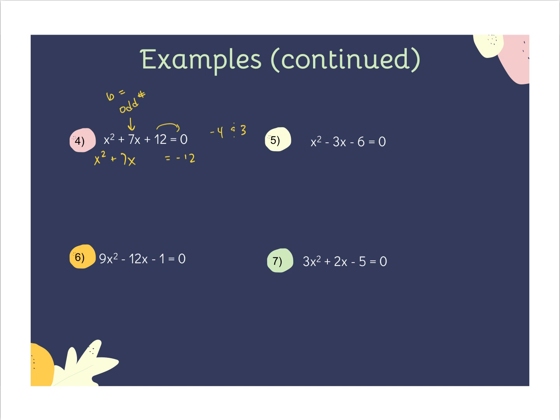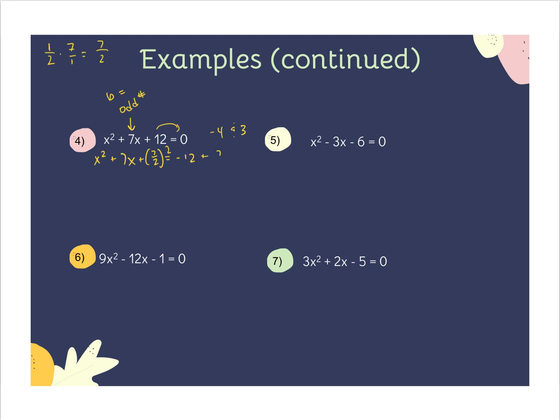When we do half of 7, I know that that's 3.5. However, we do everything as an improper fraction. So if I have half of 7, that's like multiplying a half times 7, so it's going to be 7 over 2. So I know that this value here is going to be 7 over 2 squared.